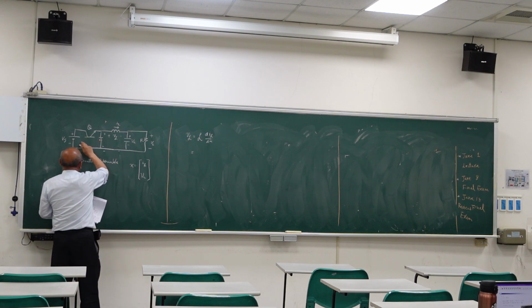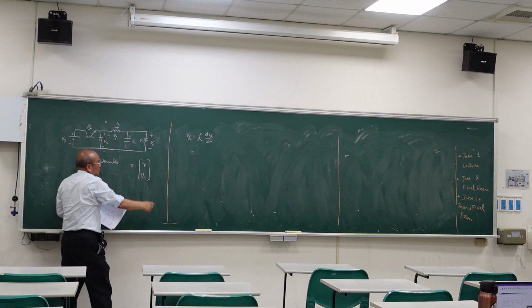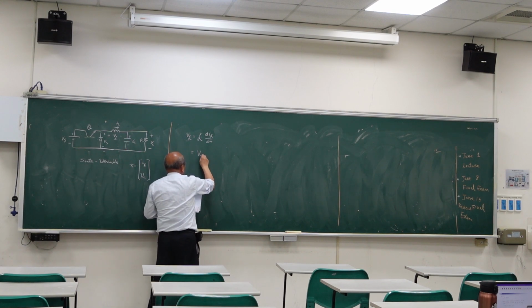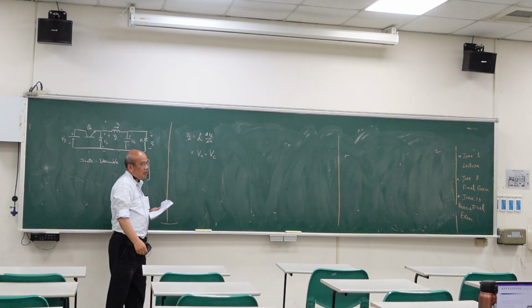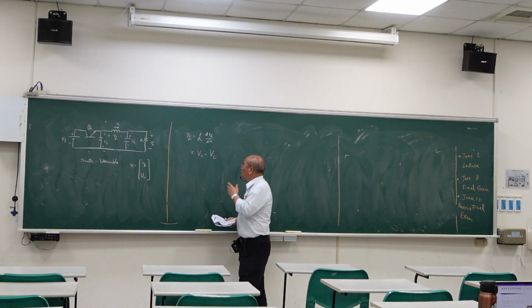If Q is on, then the inductor voltage is equal to the input voltage minus the output voltage. So it is Vs minus Vc, or Vo.